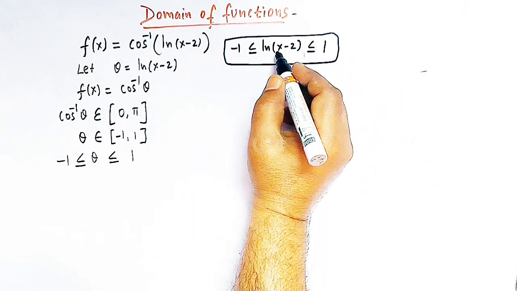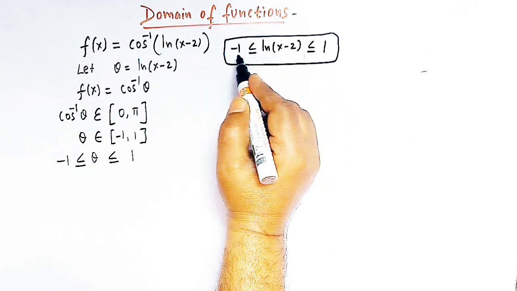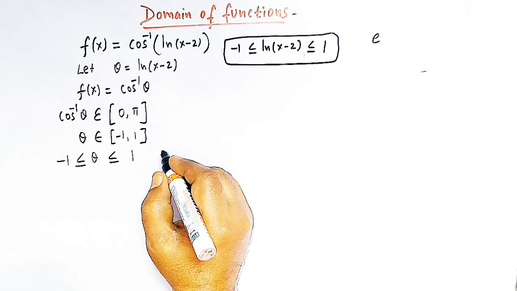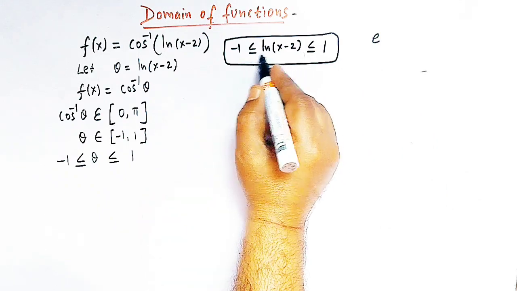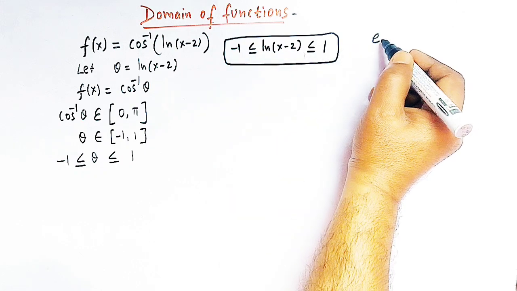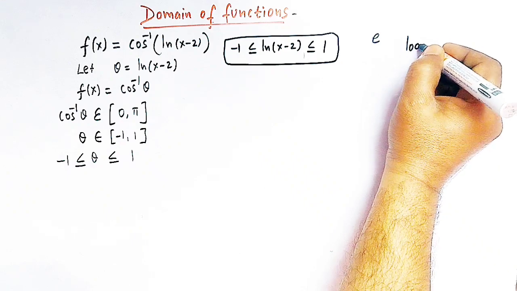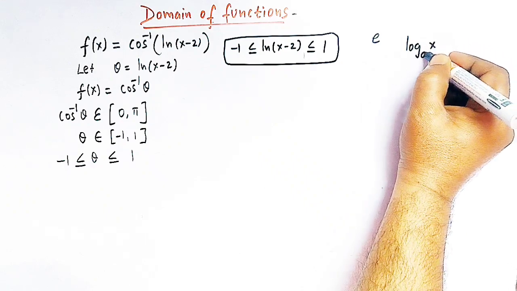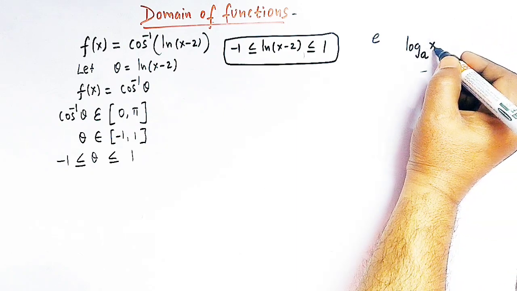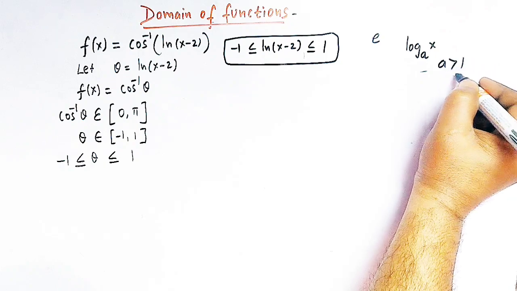Okay, so now here what we will do, we'll take all these three numbers to the power of e, where e is the exponential number. So in order to solve this inequality for x, we have to raise these three numbers to the power of e. And remember, the function log x to the base a is always an increasing function for all values of x in its domain when we have a greater than 1.